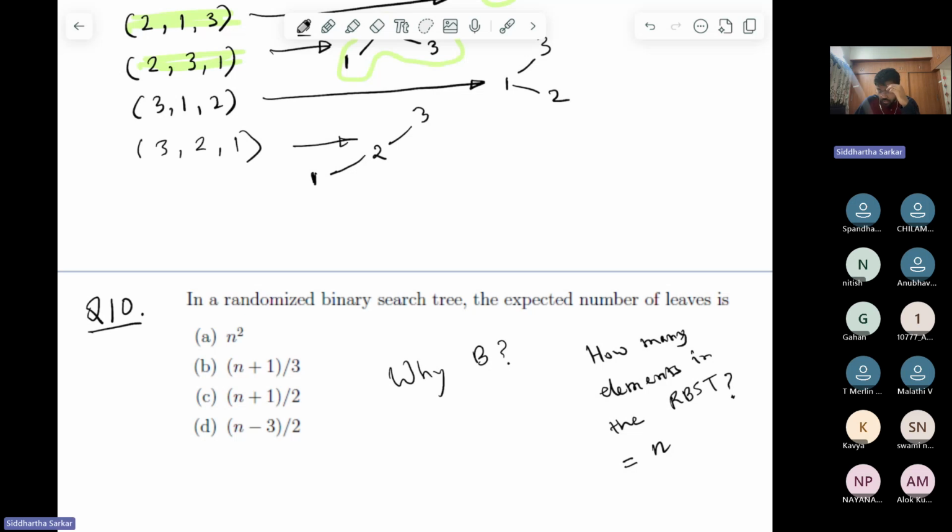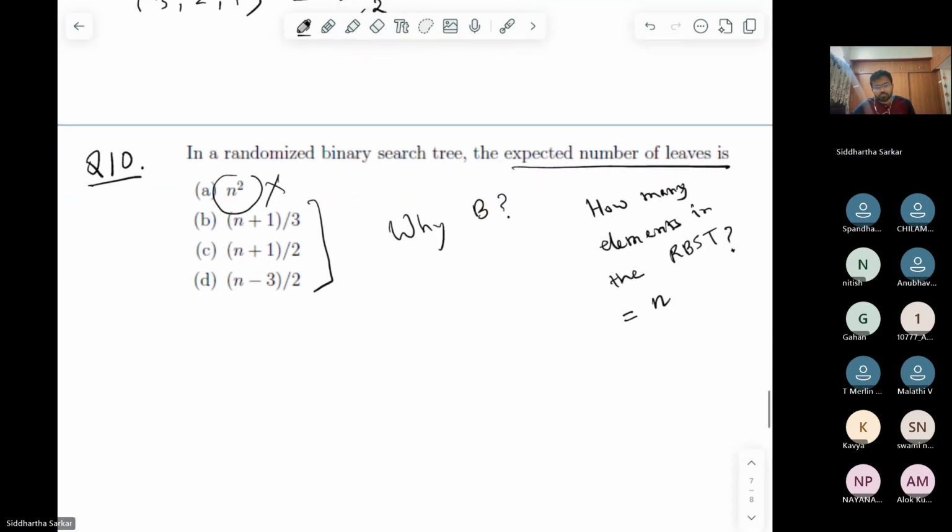So how many of them are leaves in expectation? Of course, the total number of elements is N. So how can the answer be N squared? N squared is ruled out. It's not possible. So you have to choose between the remaining three.